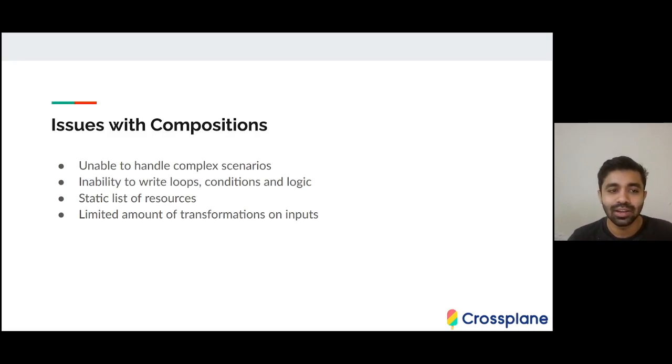You cannot write loops, conditionals, or any other logic to decide which managed resources you want to create. The list of resources that we define is static. It's not dynamic, and we cannot decide based on any logic which resources we need to create. And the amount of transformations on inputs is very limited.